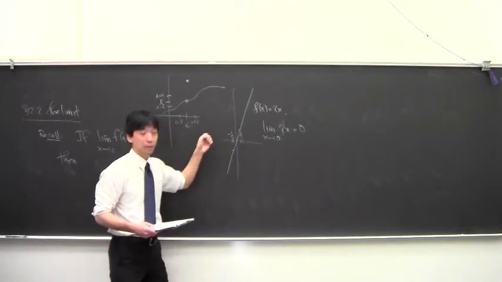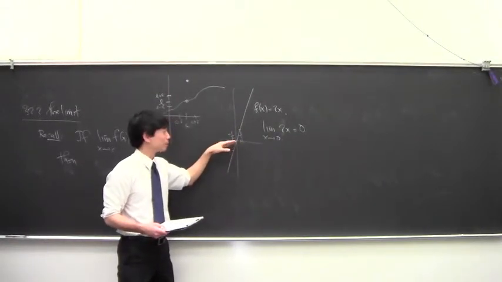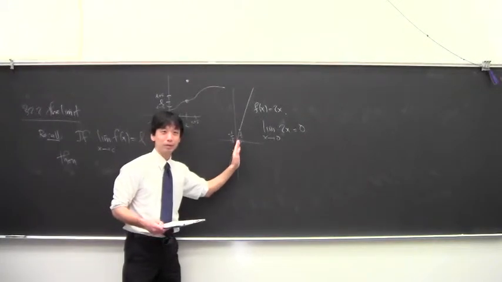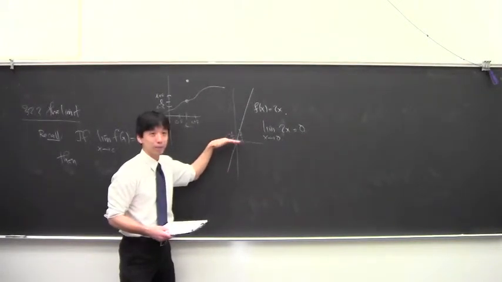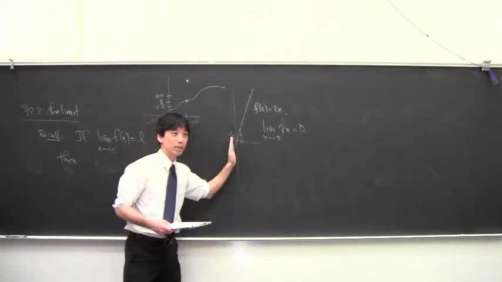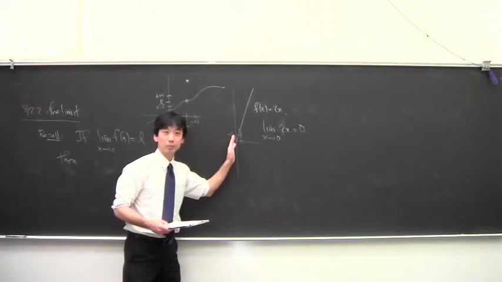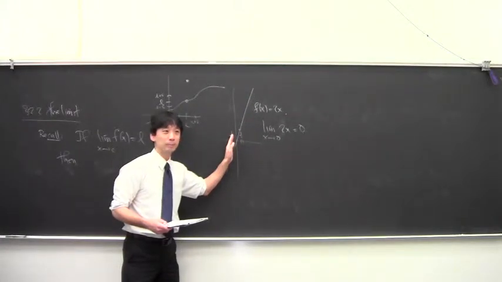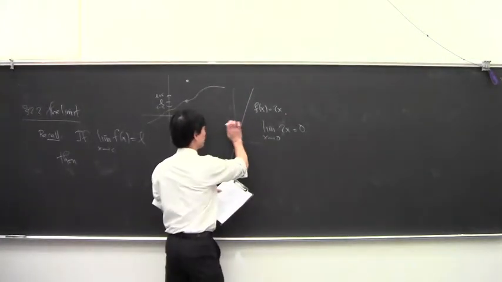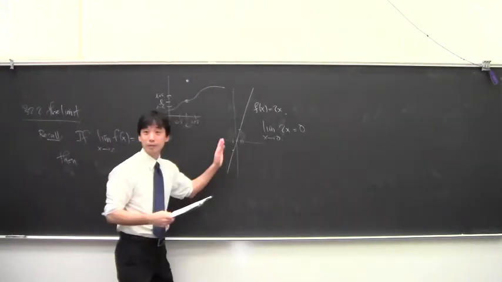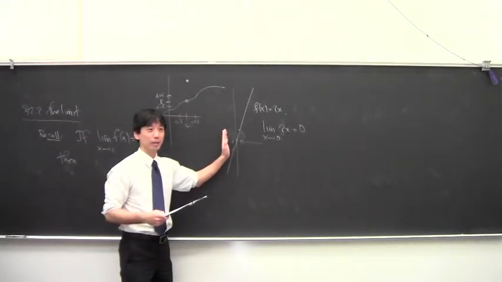If somebody says, I want you to stay within 0.1 of 0, how close must the inputs be to 0? 0.05, half of that.